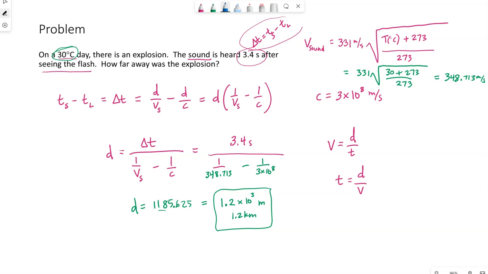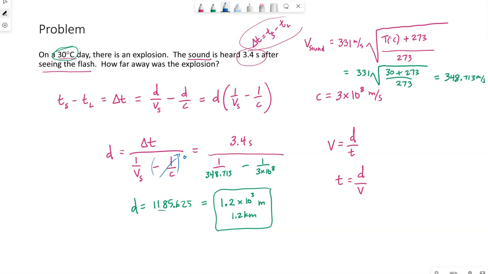If I say we essentially see the flash at the instant the explosion takes place, then this term goes to 0, because there's no significant amount of time between us and the explosion as far as the light is concerned.